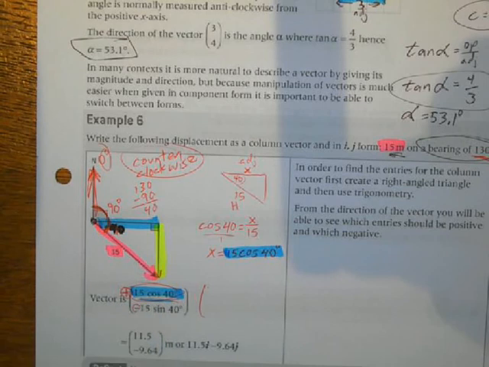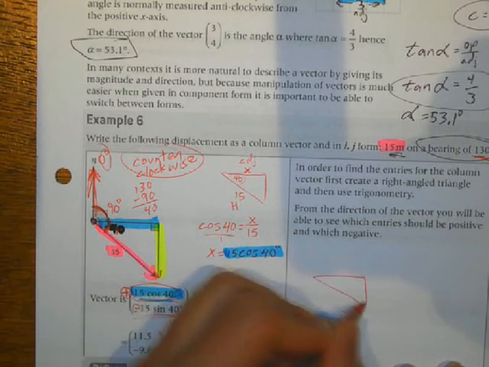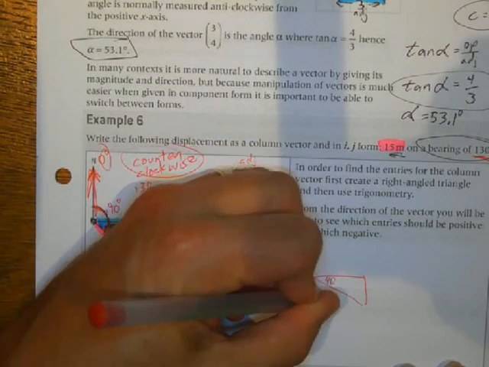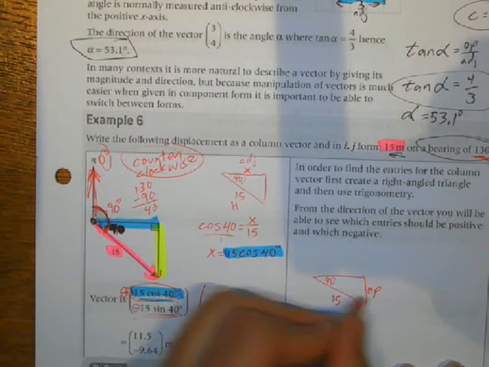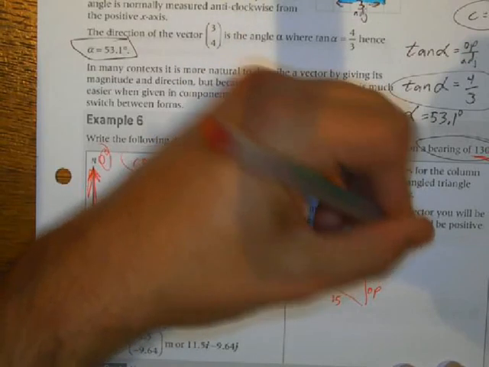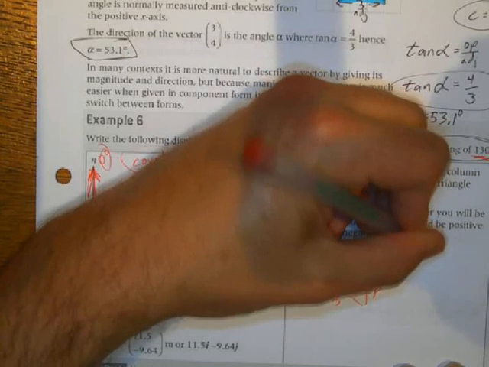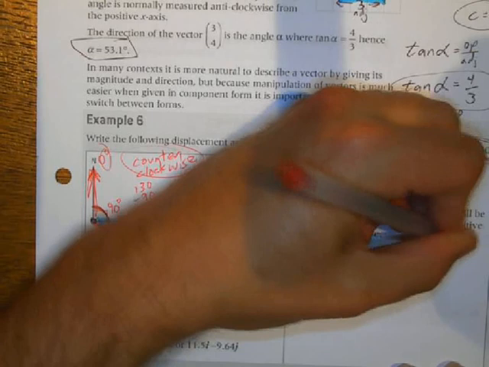Now, I'm going to do this to get this value here. So, if this is 40 degrees, this is 15, we want to find the opposite side. We're going to use sine, because you know sine of the angle is equal to opposite over the hypotenuse, right?